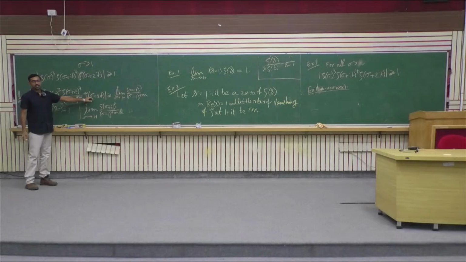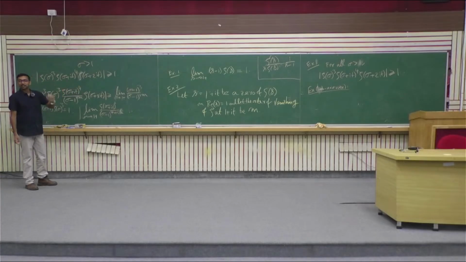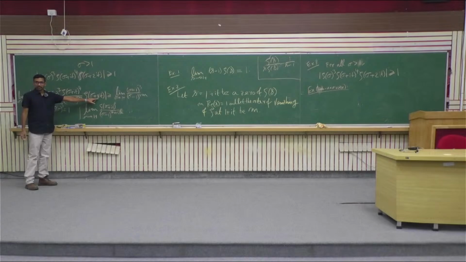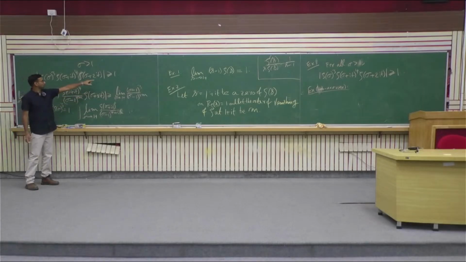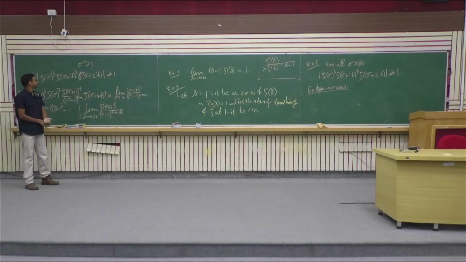And this one is having some value, because zeta has only a pole at sigma equal to 1 and t equal to 0. So at this point t is not equal to 0, so it will have some value. It could be a 0, it could be a non-zero point, we don't care. It cannot be a 0 because we are assuming that this is greater than or equal to 1.